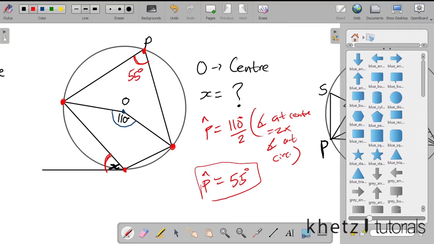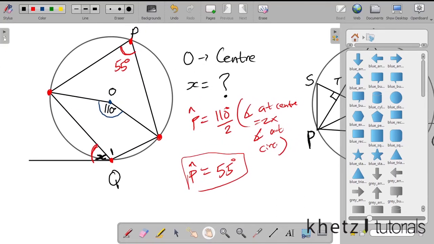Now that we have this P of 55 degrees, you can come down here and look at this point. It's actually called Q. I forgot to label it. Q, right? And we can call this Q1, and then the other one will be X as given in the question. So now we can actually calculate the value of Q1, because Q1 plus P equals 180 degrees. So this P over here plus this Q1 are equal to 180 degrees.